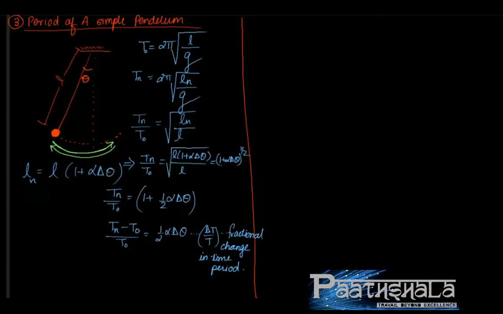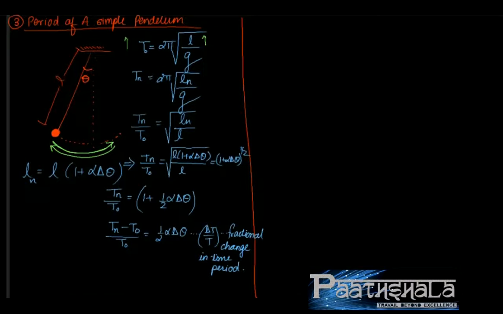First of all, we need to understand that when the length increases, time period is going to increase, right? If time period is increasing, then instead of 10 seconds, let us say the pendulum is oscillating with 11 seconds. So what is the change in time period? 1 second, correct.